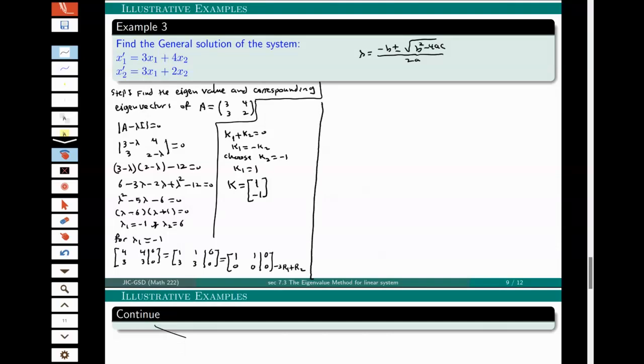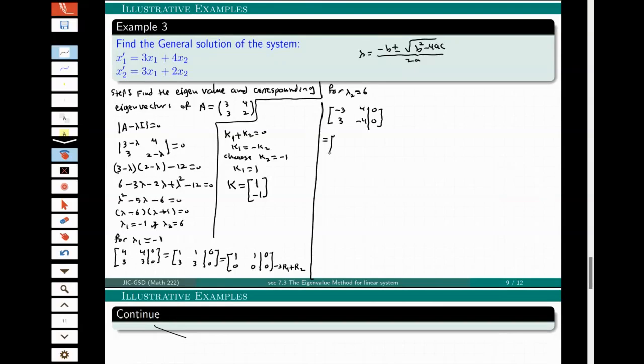Same thing we do for lambda 2, which is equal to 6, so we are going to solve 3 minus 6 is minus 3, 4, and 0, and that will be 3, 2 minus 6 is minus 4.